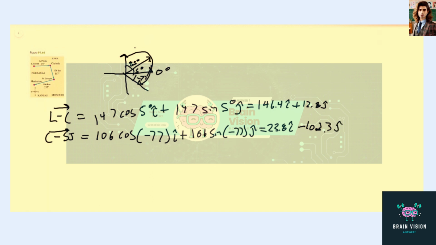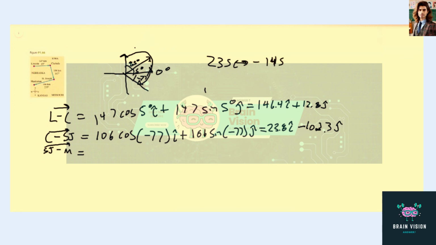j hat. And then finally going from St. Joseph to Manhattan. So 235 degrees. Again, we can do the same analysis. So that's 235 from north, which is the same thing as negative 145 in real coordinates.